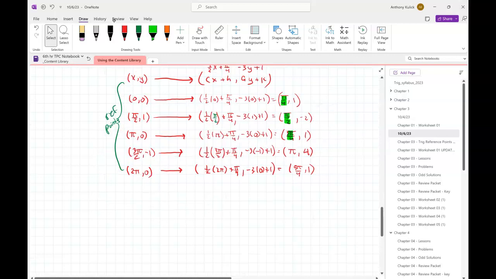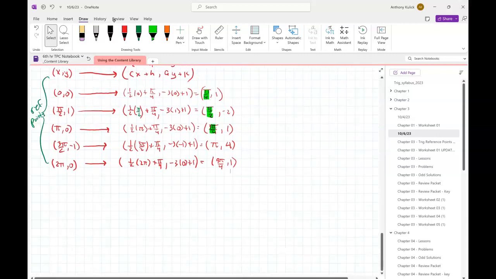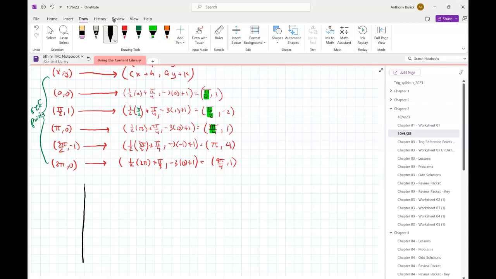All right, so let's plot some points here. Notice that each one of these is going up by a pi over 4.